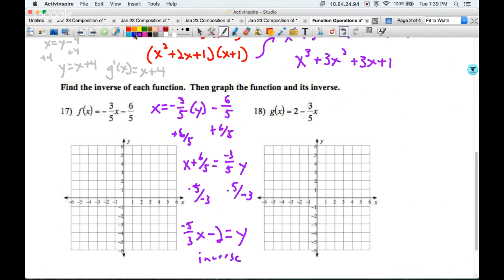And now let's plot both of these. So starting at negative 6/5, and then going down 3, 1, 2, 3, over 5, 1, 2, 3, 4, 5. Connect those up with a line.